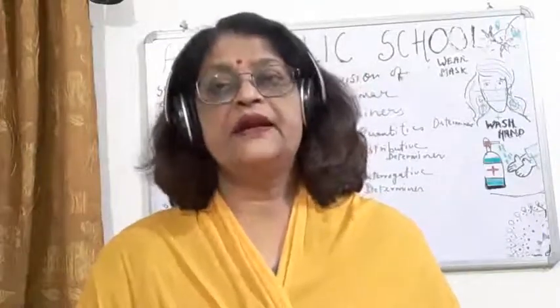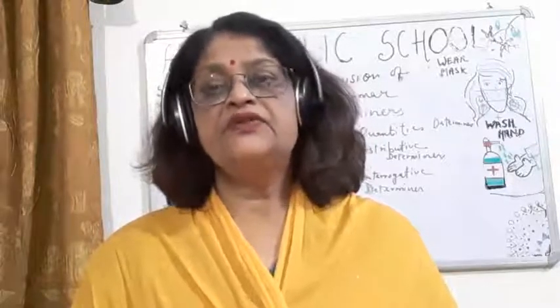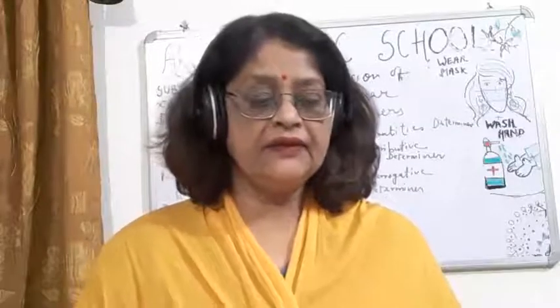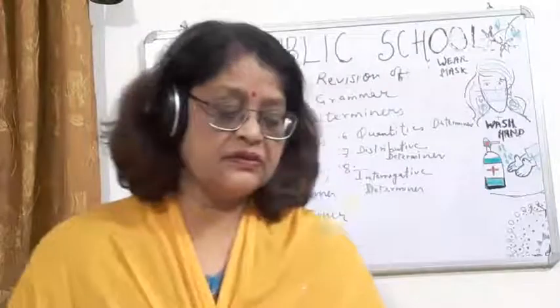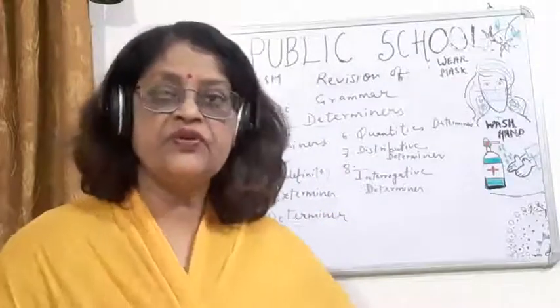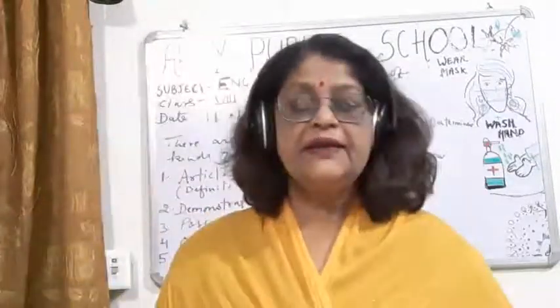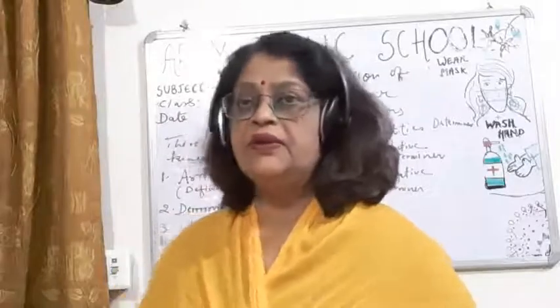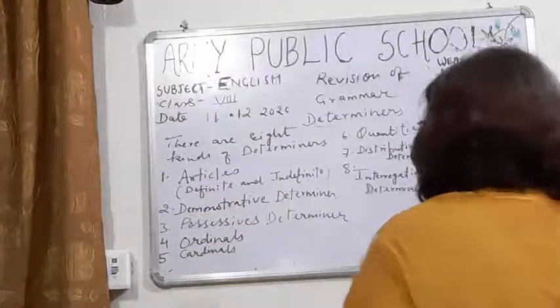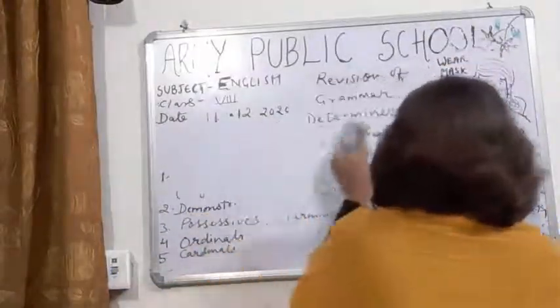Ordinals, cardinals, quantifiers, distributive and interrogative. Now I will explain each determiner in a detailed manner. I think you all know the names of the 8 determiners now. And now children, one by one I will be telling you about all the determiners.